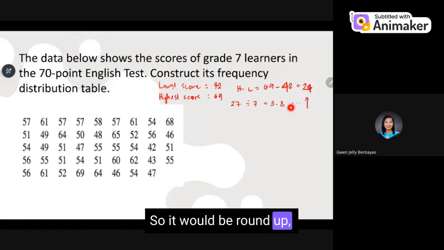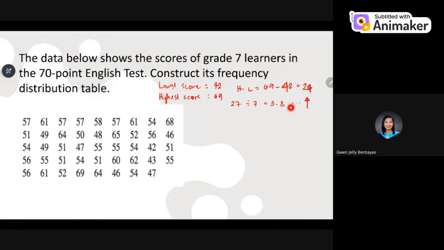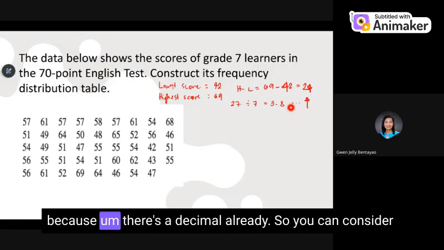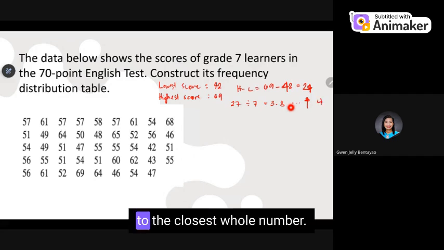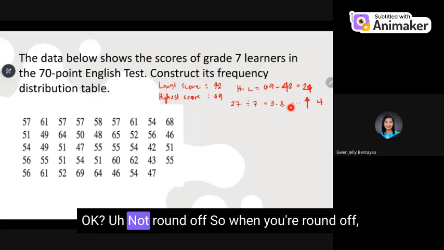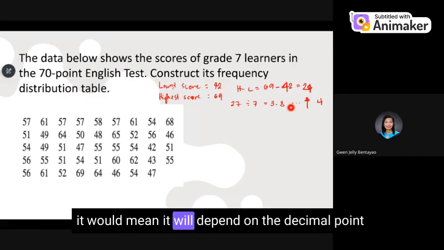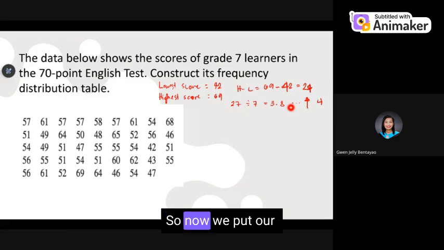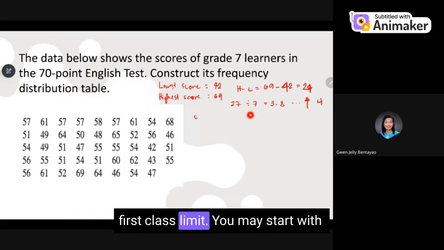So it would be rounded up. Do not round off, because there's a decimal already. So you consider it as 4, the closest whole number up, not round off. When you round off, it would depend on the decimal point. So now we put our first class limit.